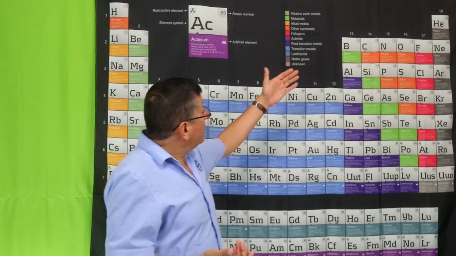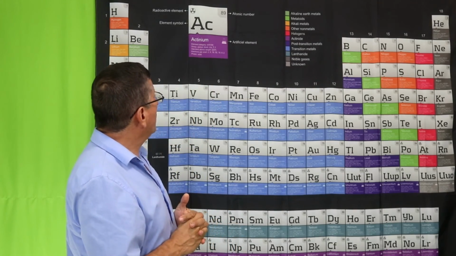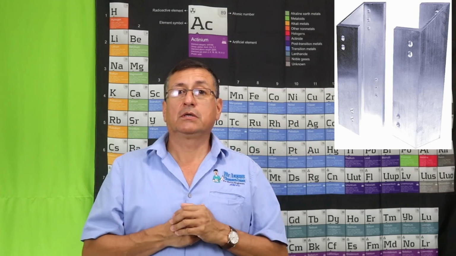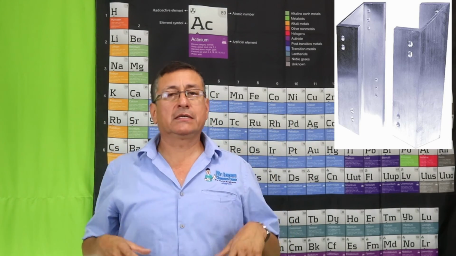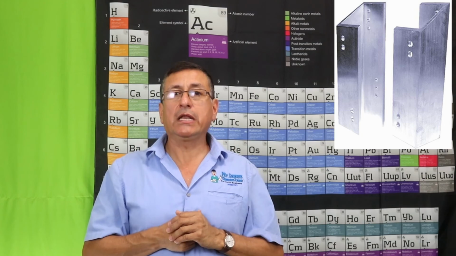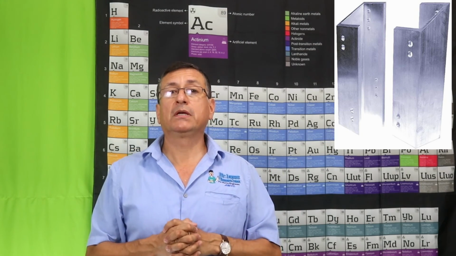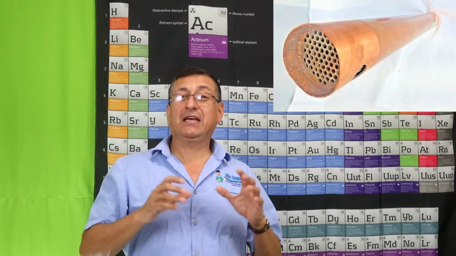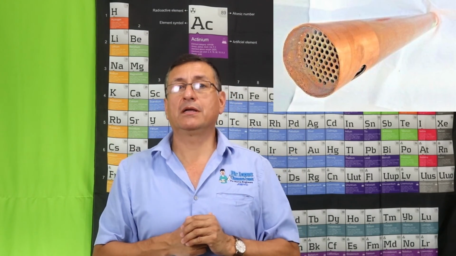And we study carbon, silica, and germanium. They are semiconductor materials. And what other important metal are we going to study? We are going to study aluminum in detail, because aluminum is one of the most important metals used in the fabrication of boats. A lot of brackets and towers are fabricated in aluminum, and hulls in aluminum. Copper is important too. We are going to fabricate a lot of heat exchangers in copper.